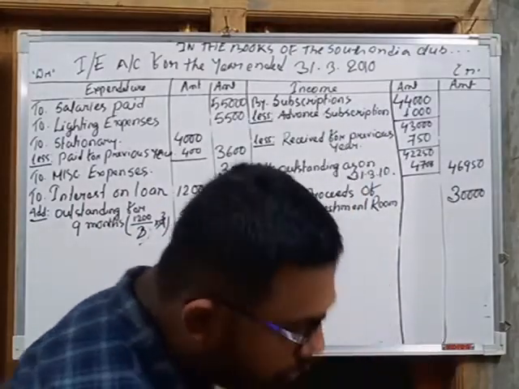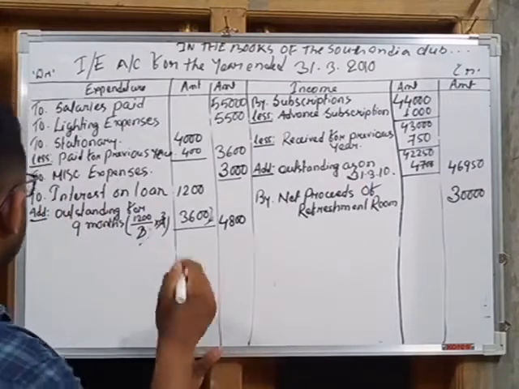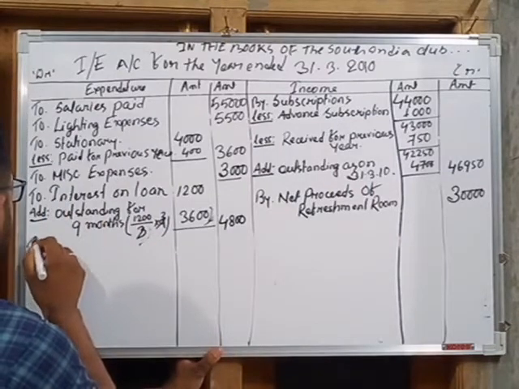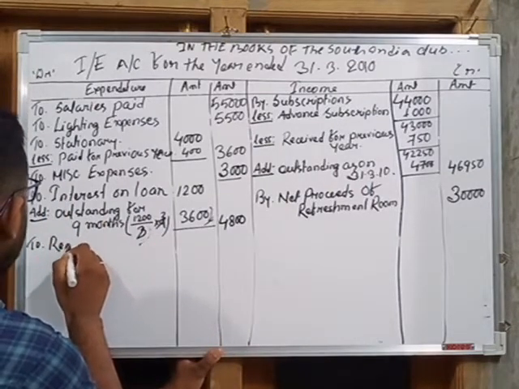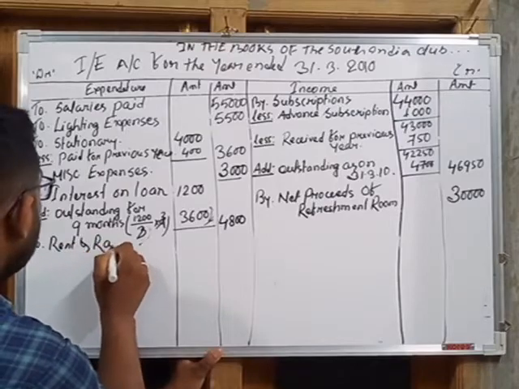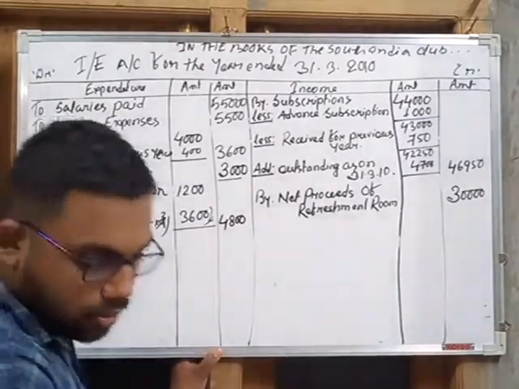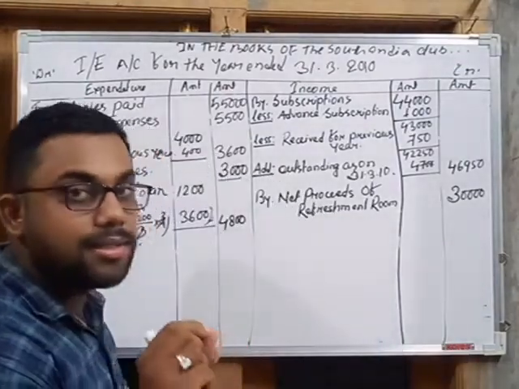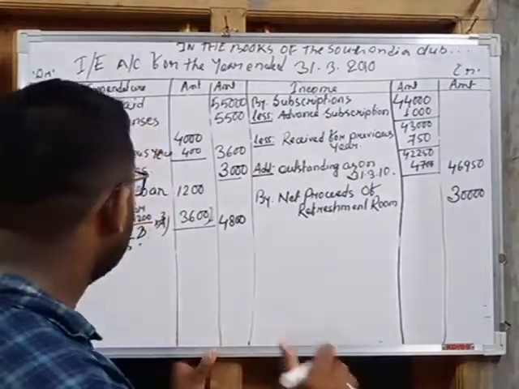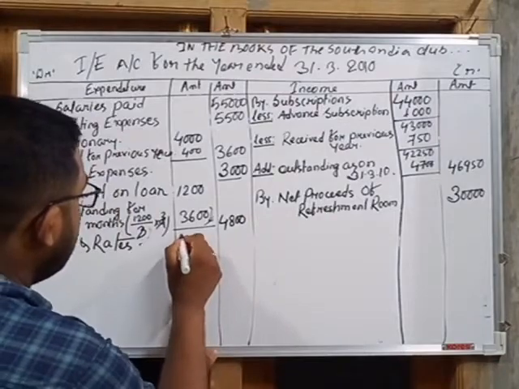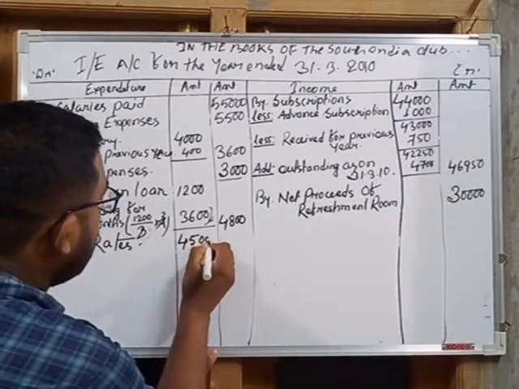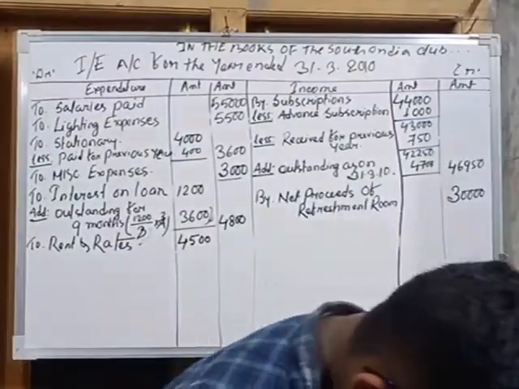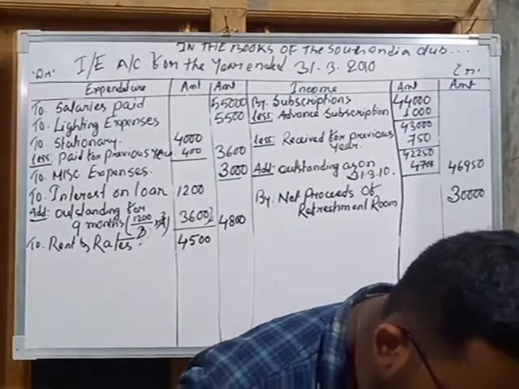Okay, what is the next item? Rent and rates. It is also an expenditure, so it will come on the payment side. To rent and rates, what is the amount? Rupees 4,500. In brackets there is some information, so it is an adjustment, and all the adjustment items will be written in the inner column. The adjustment is rupees 500 prepaid.